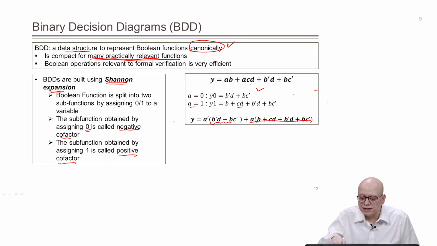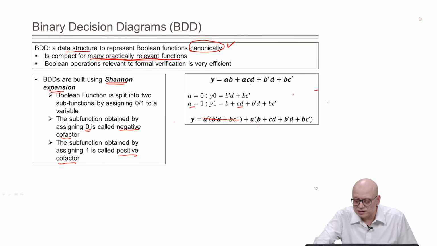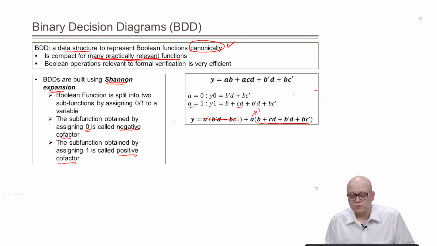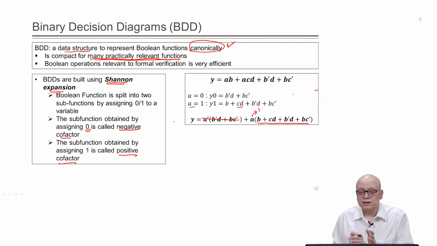Similarly, if a takes the value 1, then the a bar term goes away and this term takes the value 1, and we are left with a function which is nothing but the positive cofactor. And that is why this representation of the function y in terms of positive and negative cofactors is correct.